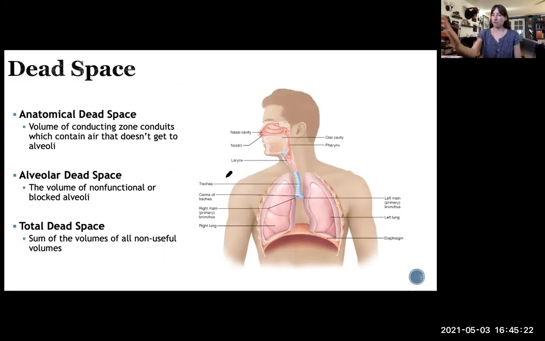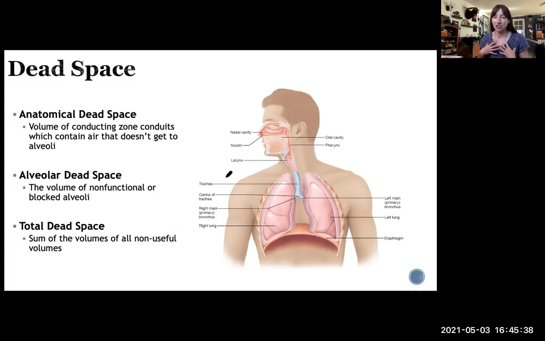So think about the air from the atmosphere coming in. You have air from here all the way down into your bronchioles, but you're not actually absorbing gases from that air, right? It's just filling those spaces. Those are dead space.